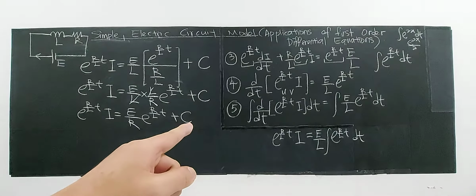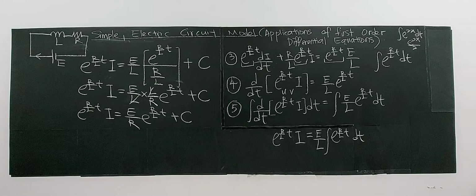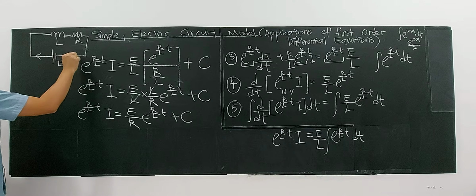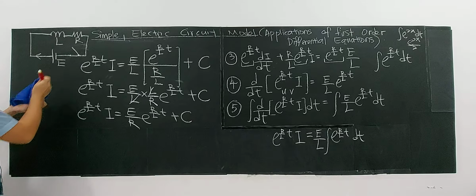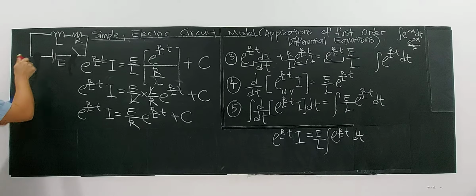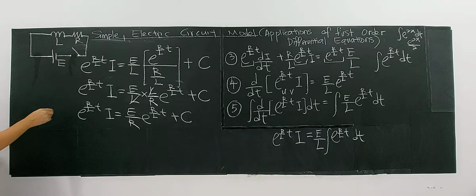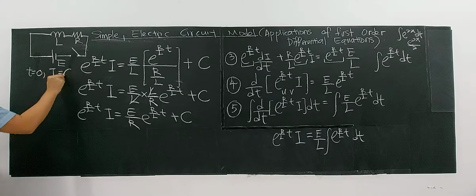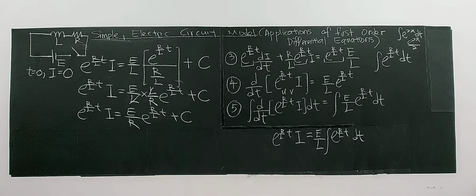Before that, I can find the constant C first. You have to know that initially, before I switch on the switch, there is no current in the circuit. So it means that initially when t is 0, the current is considered to be 0. We have to understand this.